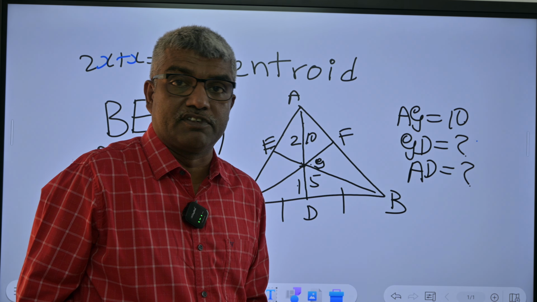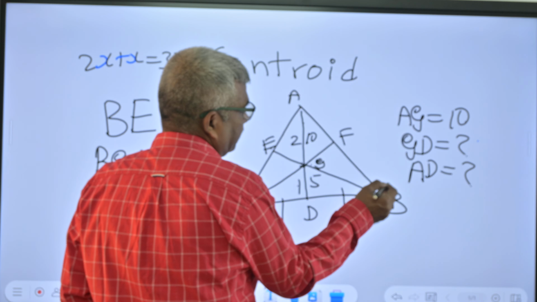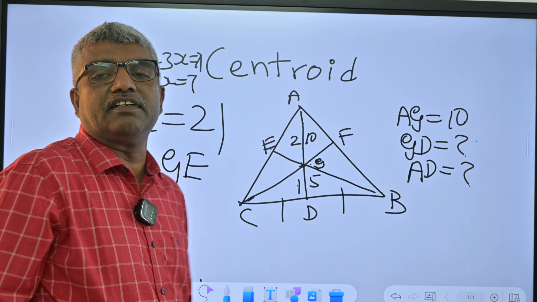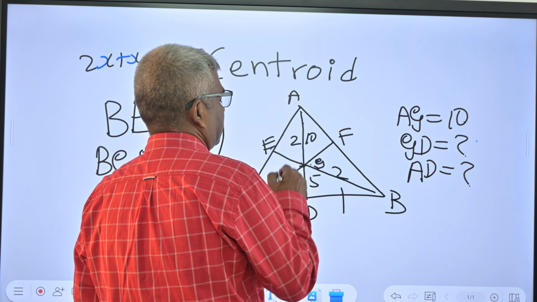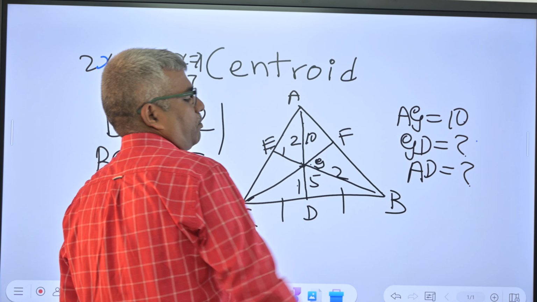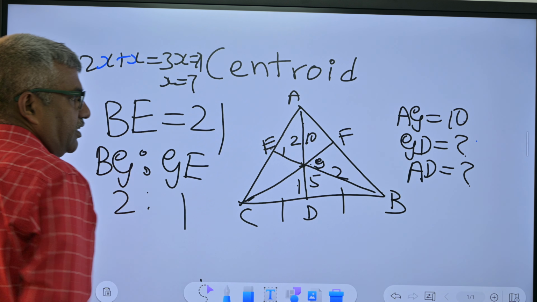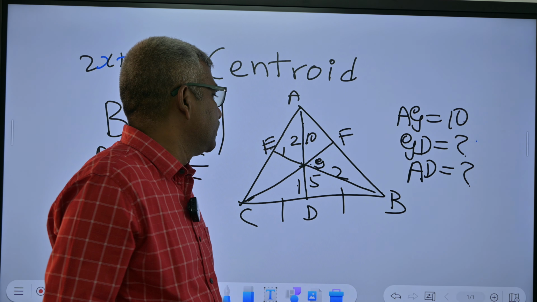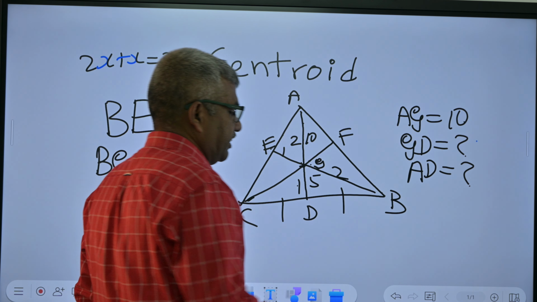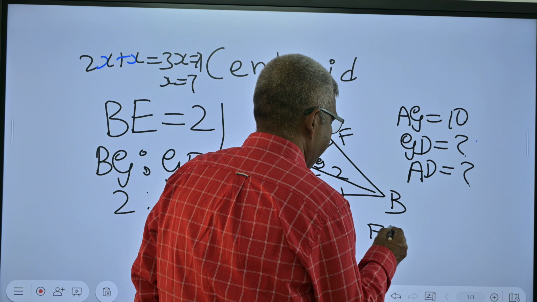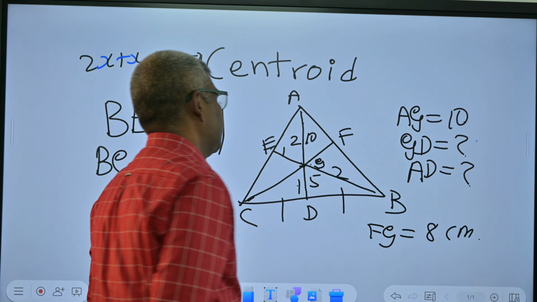Sometimes people get confused: where is 2? On the vertex side, it is 2 parts, and on the base side, it is 1 part. Okay, another question I will give you. FG is 8 centimeter.